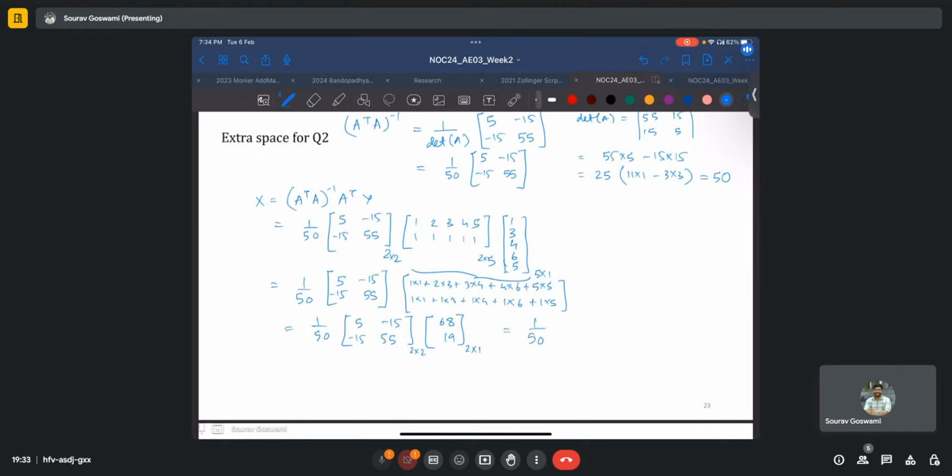So this turns out to be 68 into 5 minus 19 into 15. And the second turns out to be 6 minus 15 into 68 plus 19 into 55.